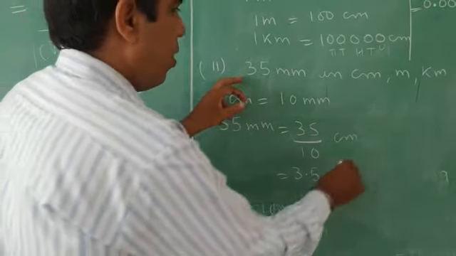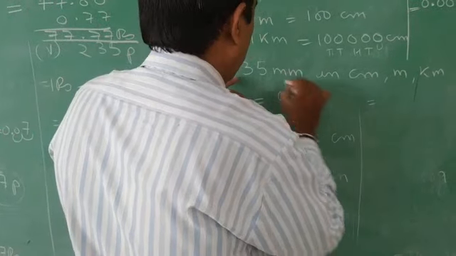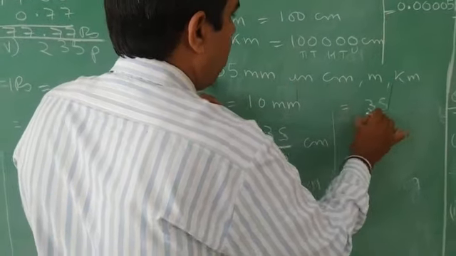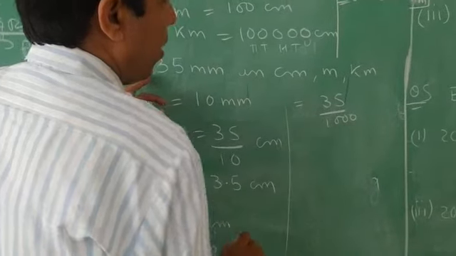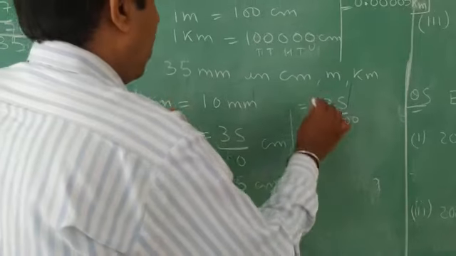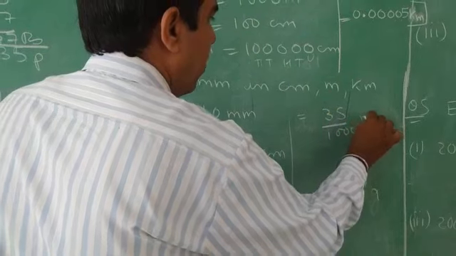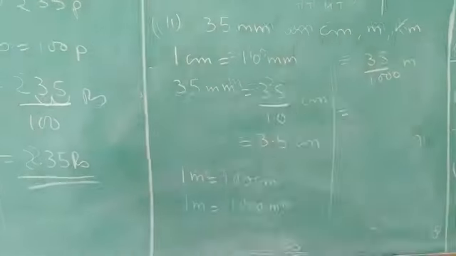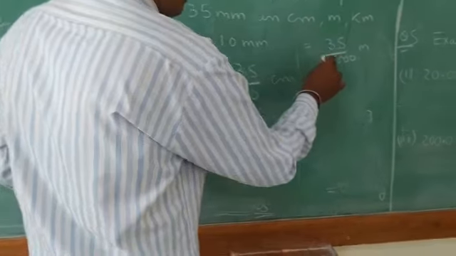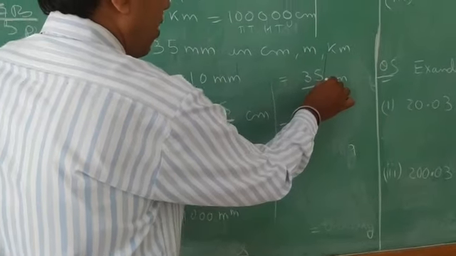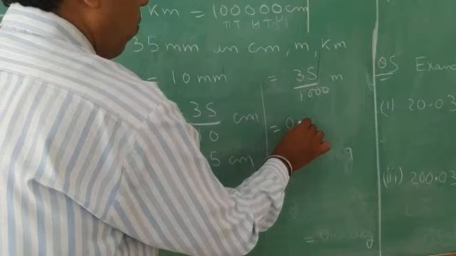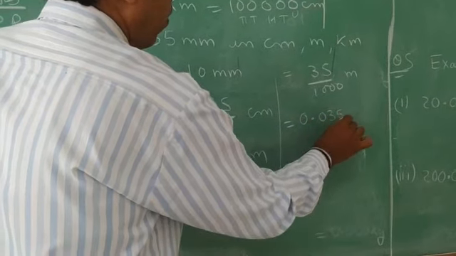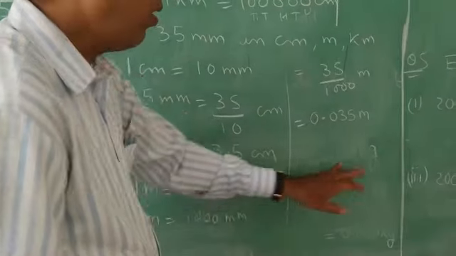So I am going to divide by 1000 to get the answer: 35 upon 1000, and the unit will come as meter. Right here, 35 upon 1000 meter. The decimal will shift here, and it will come 0.035 meter. What is the answer?